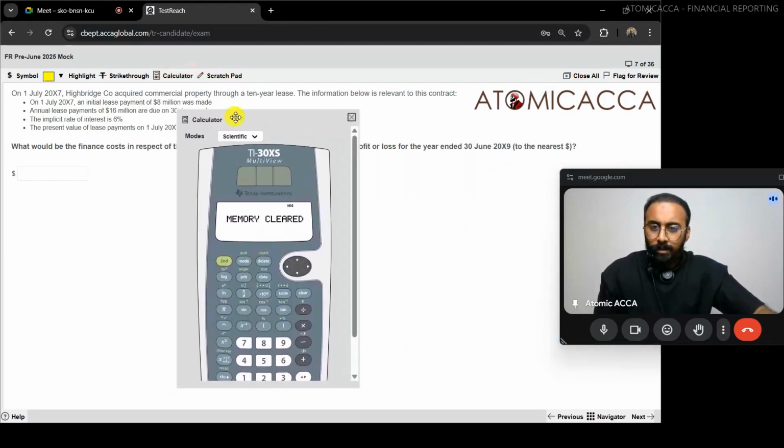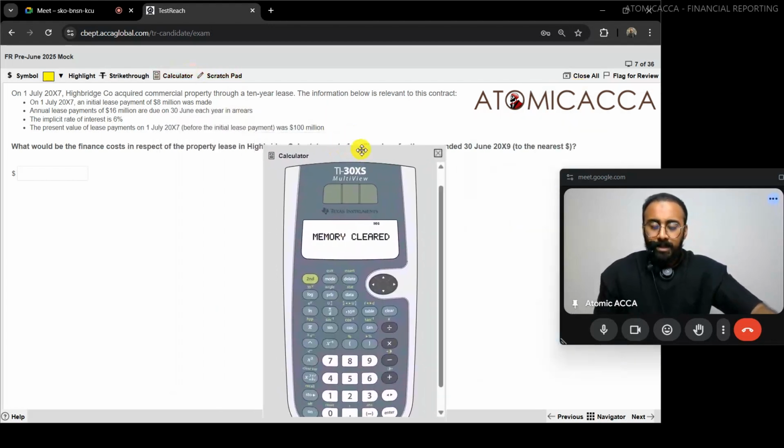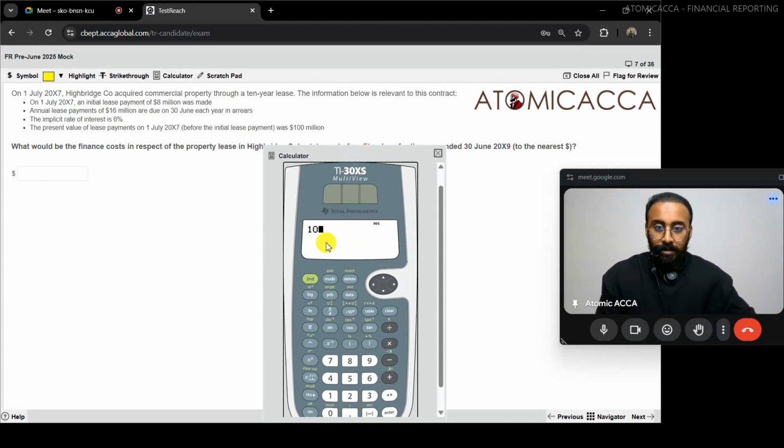So we can do the calculation like this. Initially, that is on 1st July X7, 100 million was the liability. Now on day one itself, as per the first line, you paid off 8 million. So 100 minus 8 million, you have 92 million liability pending with you.